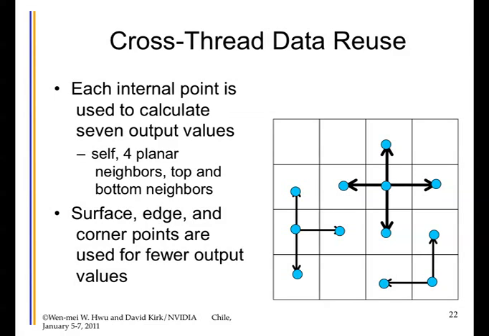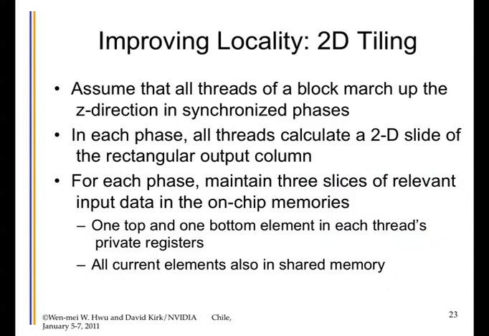Even better, you don't even need to load it once, because by the time you want it in your center position, a thread has already loaded it as its top element in the previous iteration. All you need to do is move that element from the register into shared memory so that 4 other threads can use it. And that should be the code that you'll be writing on Monday.